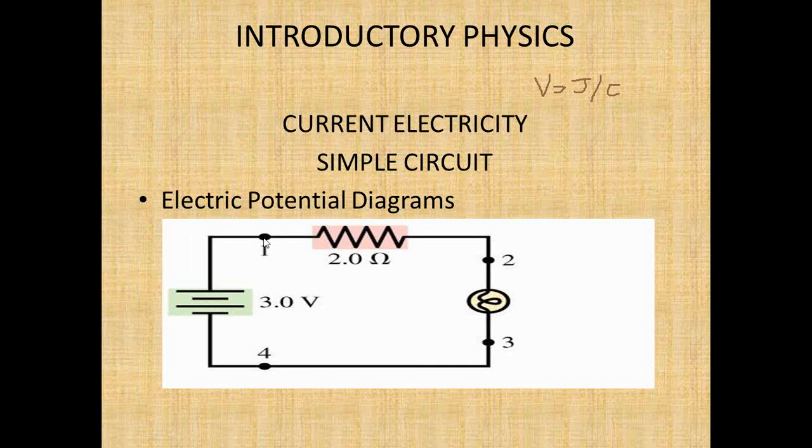When we say electric potential is location dependent, if you have a charge right here, it's closer to your high potential terminal. It's a positive charge, so it's going to be repelled by your high potential terminal.